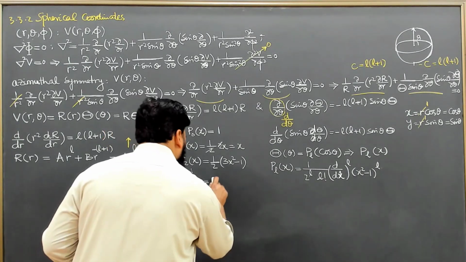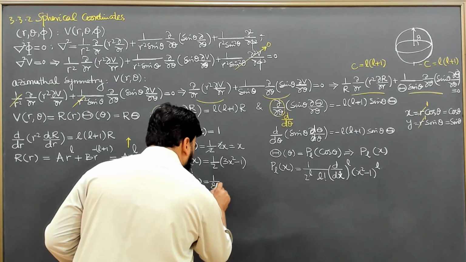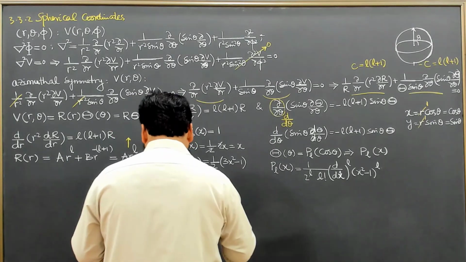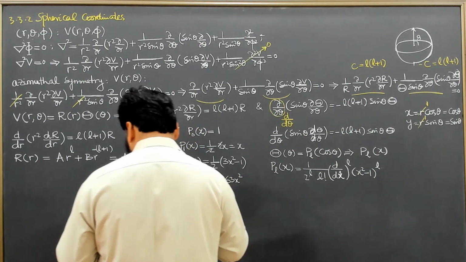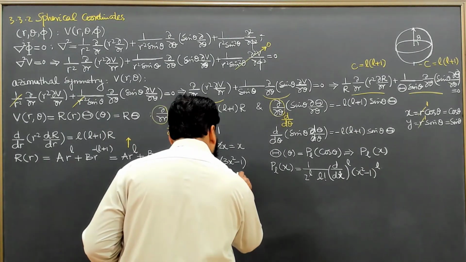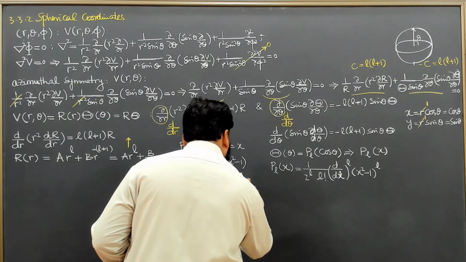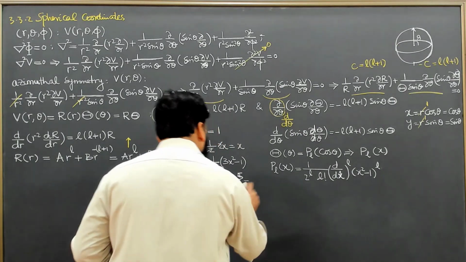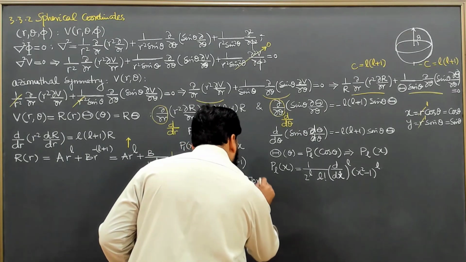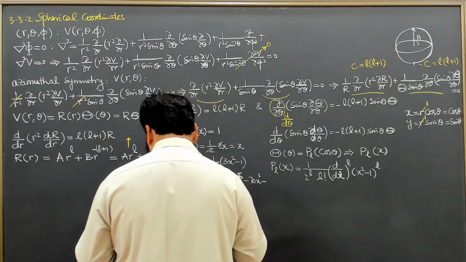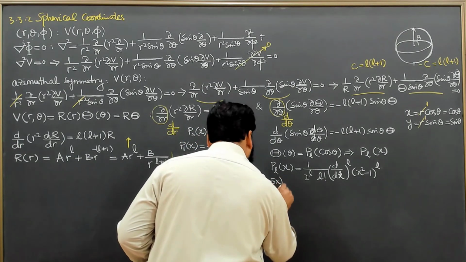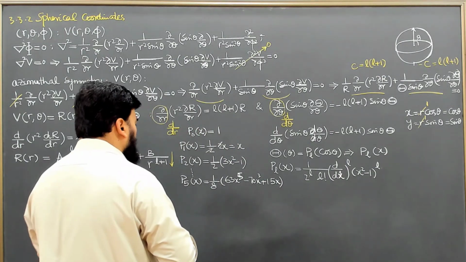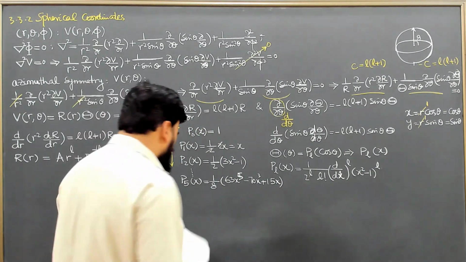So this is 1 over 8 times 63x to the power 5 minus 70x cubed plus 15x. So this will give you up to 5 polynomials.